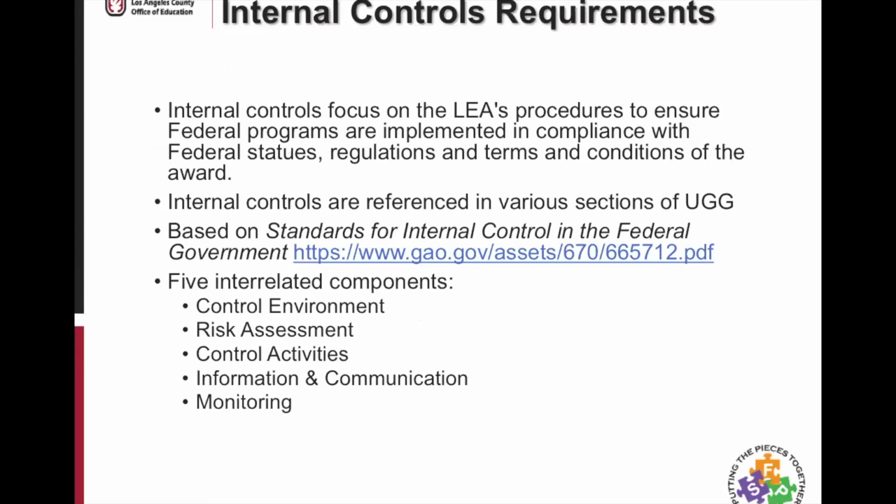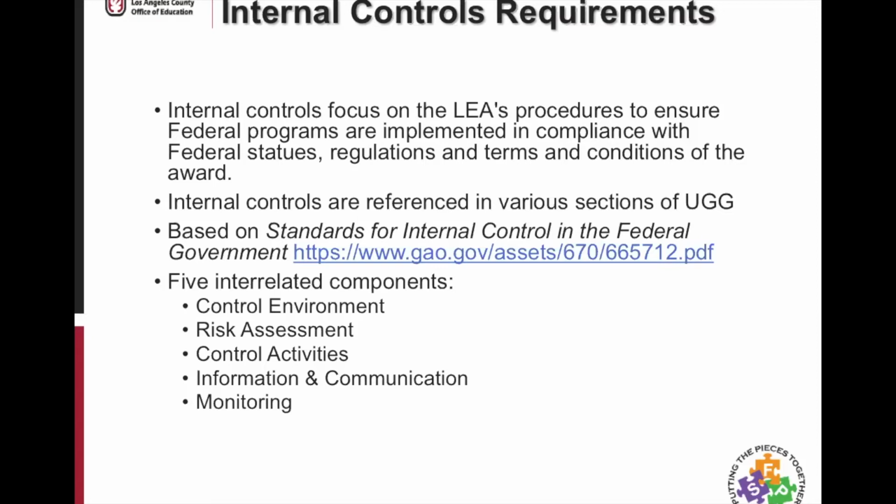All right, so the internal controls actually focus on the LEA's procedures. And those are procedures to ensure that programs are implemented appropriately. And the standards for internal control reference these 5 interrelated components. All right. And first is a control environment.